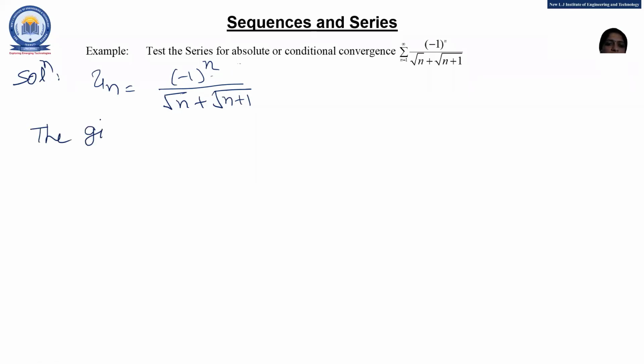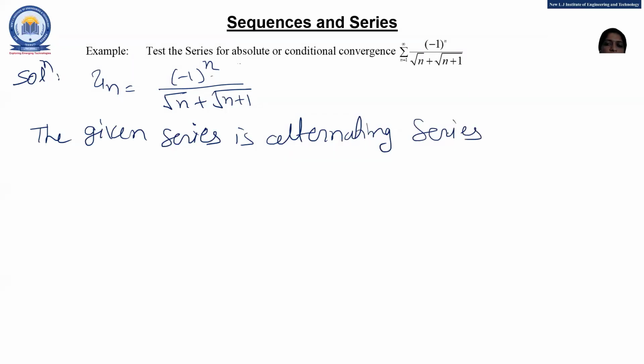The given series is an alternating series, so I'm going to apply the Leibniz test. What is my |un|? My |un| is 1 upon root n plus root n plus 1. For the Leibniz test, what is my first rule?